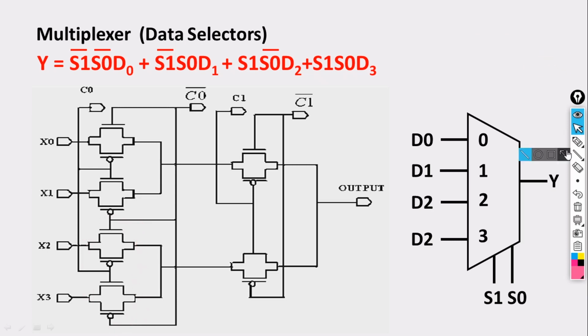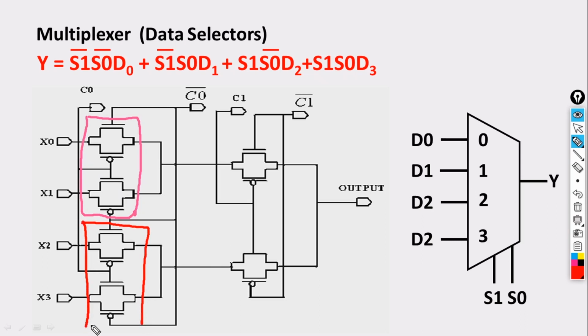So if you observe this particular part, it is going to be a 2:1 mux, and this is one more, and then this is one more transmission gate.